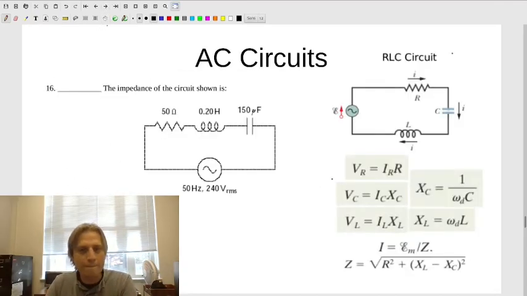All right, now the last part of our waves unit, we did touch a little bit on how to incorporate alternating voltages into circuits.